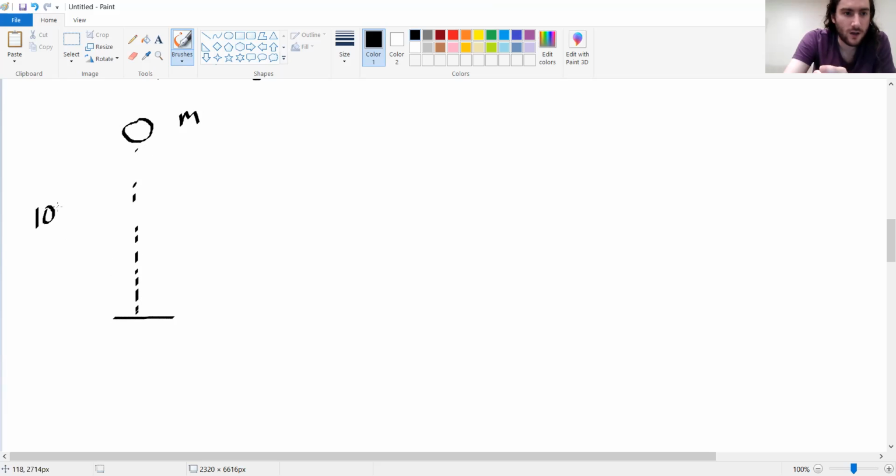Let's say the ball is 100 meters in the air. Okay. It's going to have a final velocity when it hits the ground. But its initial velocity we're going to take to be 0, just for simplicity. You don't have to have the initial velocity of the ball being 0.